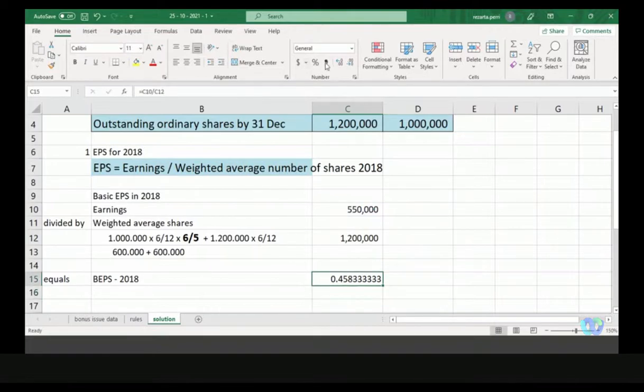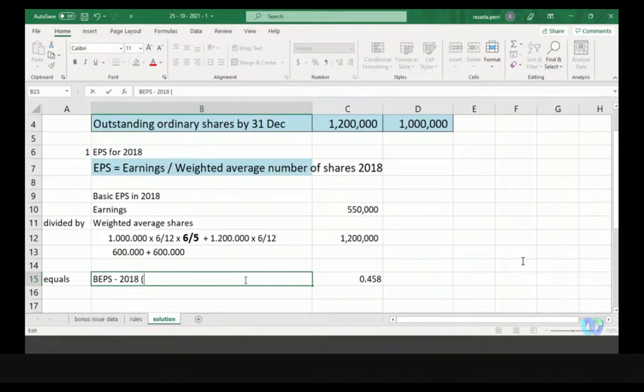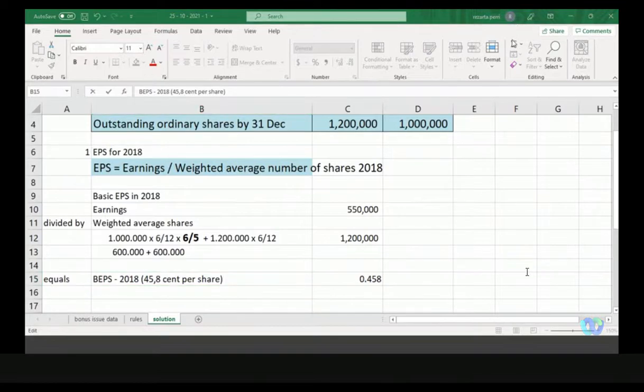In this case, probably the basic earnings per share for 2018 is 45.8 cents per share. Remember that it is expressed as cents or dollars or euro or another monetary unit for each of the shares.